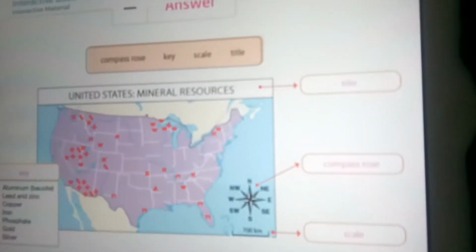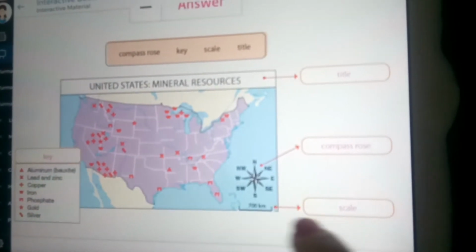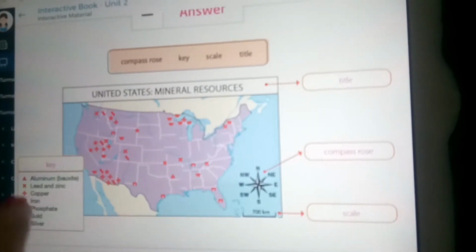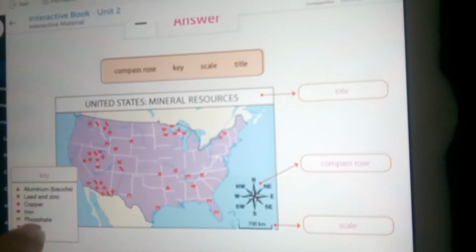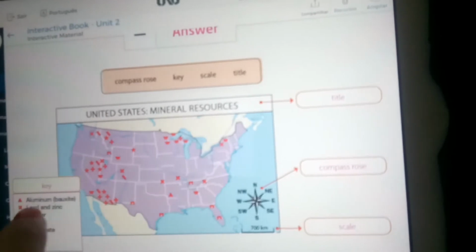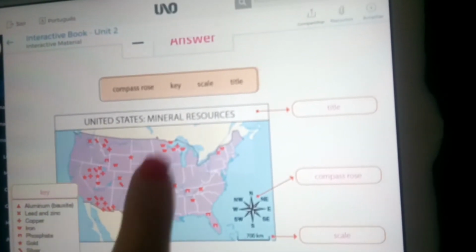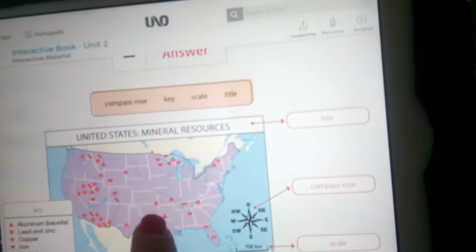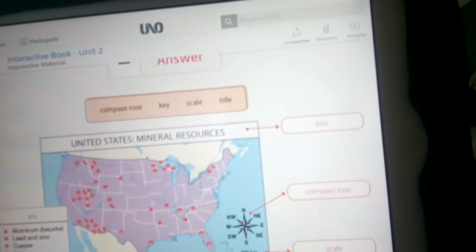This is the compass rose. This is the scale. And this is the key. So, you know that all the triangles is the aluminum. So, we have aluminum here. Yes? So, that's it. So, now you know the parts of a map.